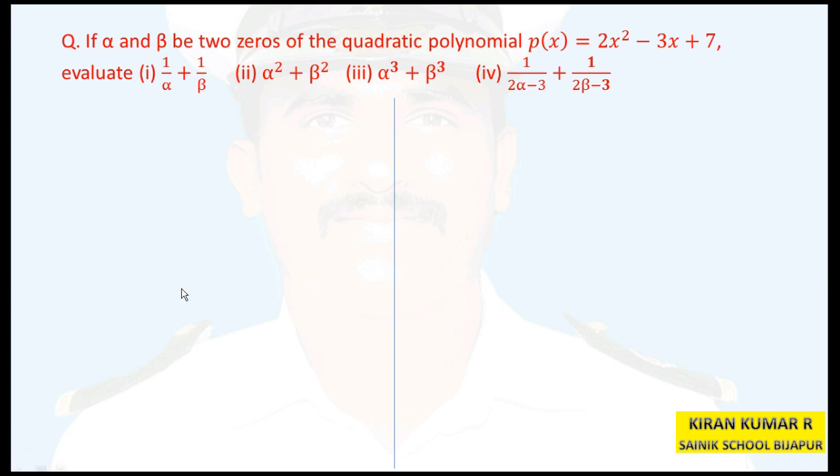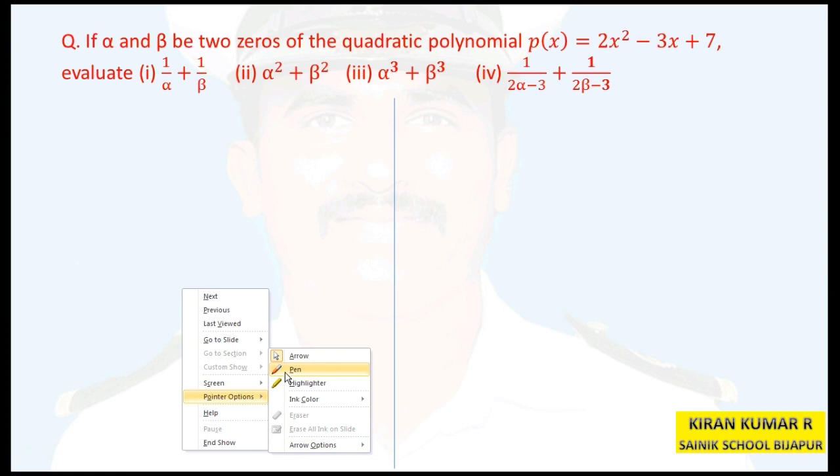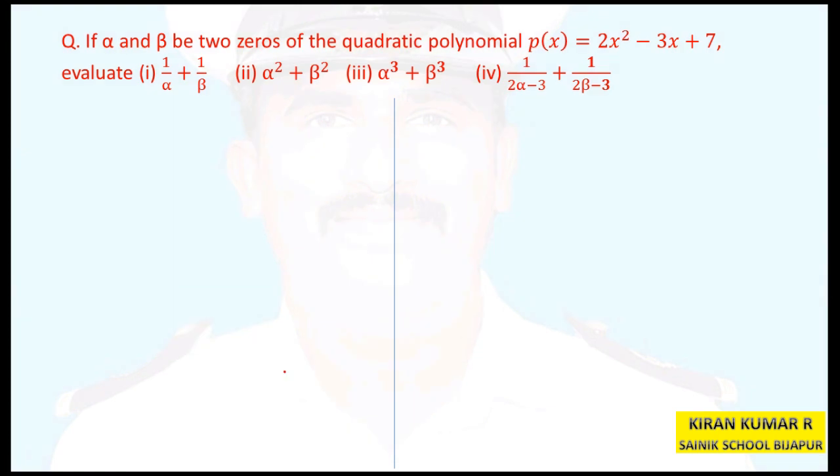How to solve this? First we have to consider the given polynomial p of x, which is equal to 2x square minus 3x plus 7.